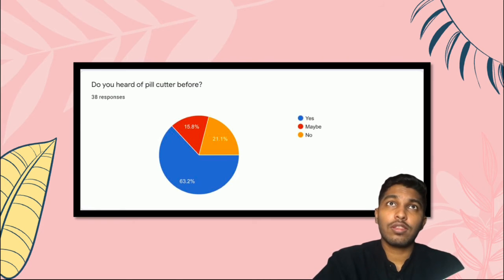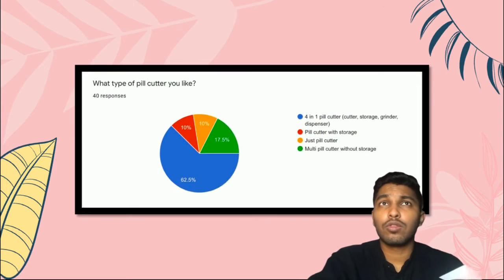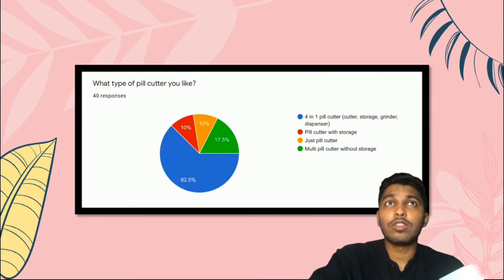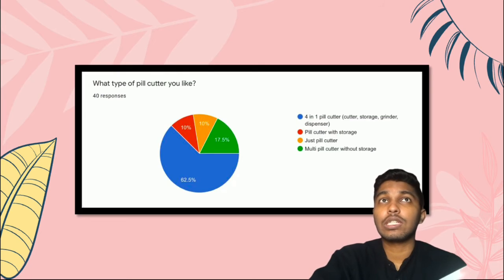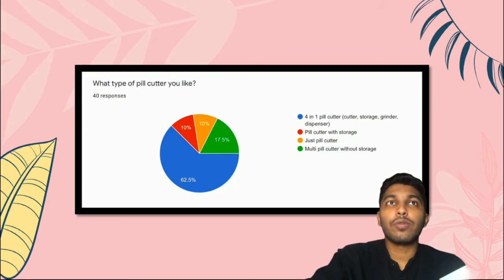So what was the response when we asked them whether they had heard of a pill cutter before? 24 of them said yes, 8 said no, and others said maybe, which is 6% of them. So now let's jump into the important question: what type of pill cutter do respondents like? 25 of them chose the 4-in-1 pill cutter, which had a cutter, storage, grinder, and dispenser in it. 7 of them chose the multi-pill cutter without storage, and 4 of them chose the other 2 options, which are just a pill cutter or a pill cutter with storage.